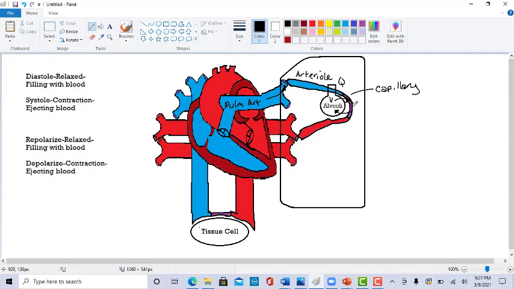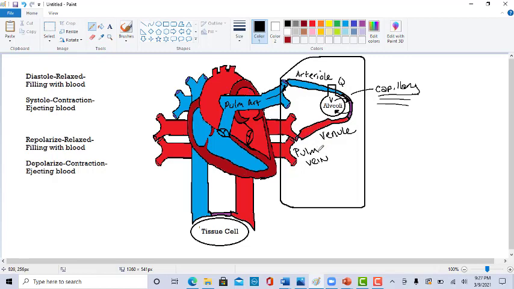Gas exchange has now occurred in the capillary system, which is your exchange vessel. Now you have oxygenated blood going through a venule, which is just a small vein, and then making its way up to your pulmonary veins. Then that oxygenated blood goes back into your heart. After it leaves your pulmonary vein and goes into your left atrium is essentially the start of your systemic circulation.